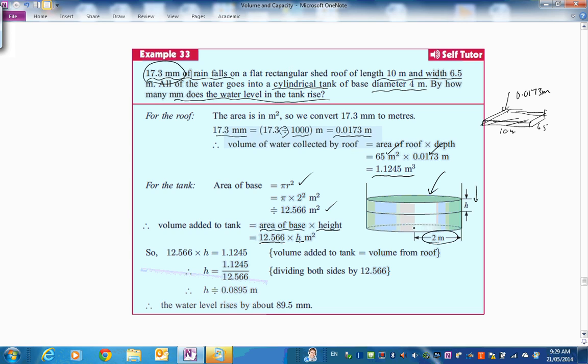And that has got to contain what we've just found, the volume from the roof. So 12.566 times the height is that.